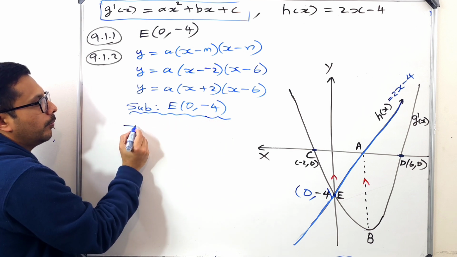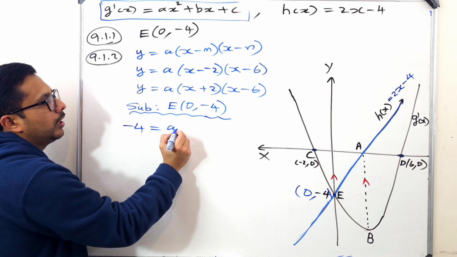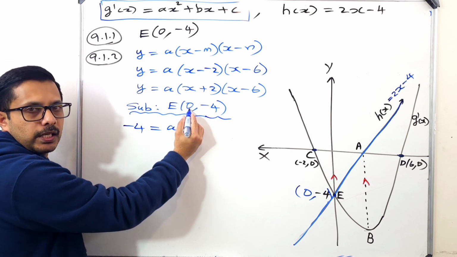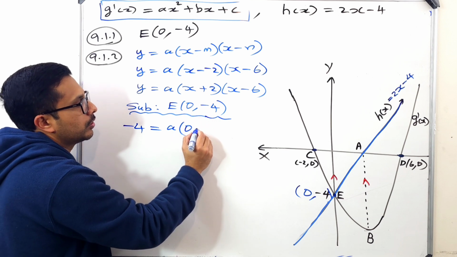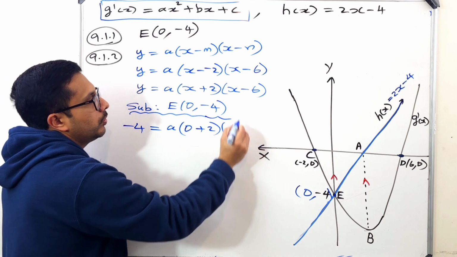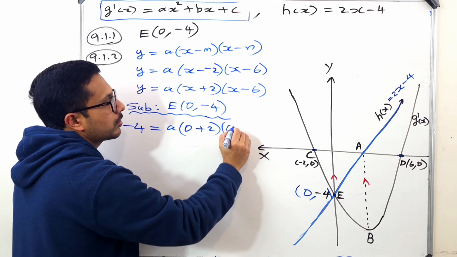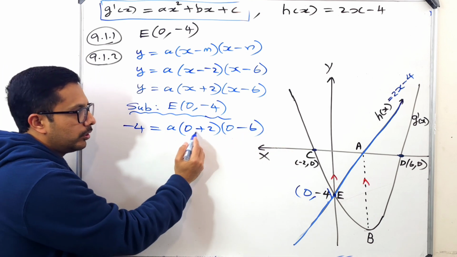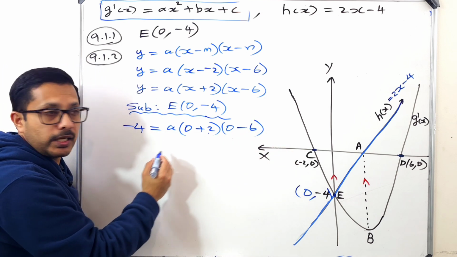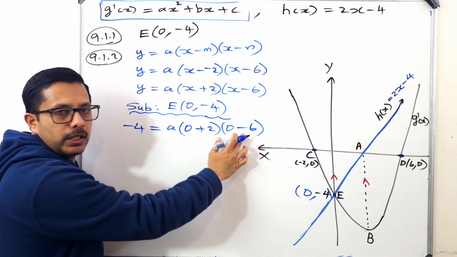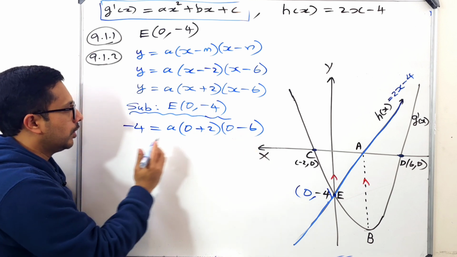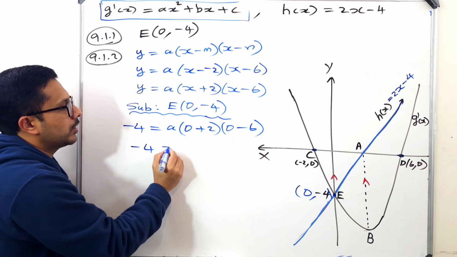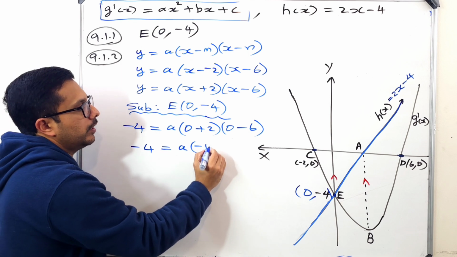So substitute y. Y is minus 4 is equal to a into x. What is the x value? 0. So 0 plus 2 into x, again 0 minus 6. This is 2, this is minus 6. What is 2 times minus 6? Minus 12. So it is minus 4 is equal to a into minus 12.